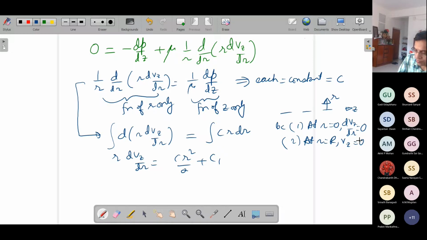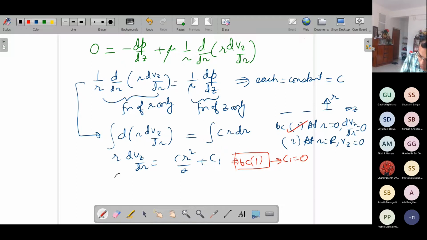So if you put the first boundary condition, this one, so at r equal to 0, you have dvz dr equal to 0. So boundary condition 1, this will give you c1 equal to 0. Now you can again separate the variables and integrate.